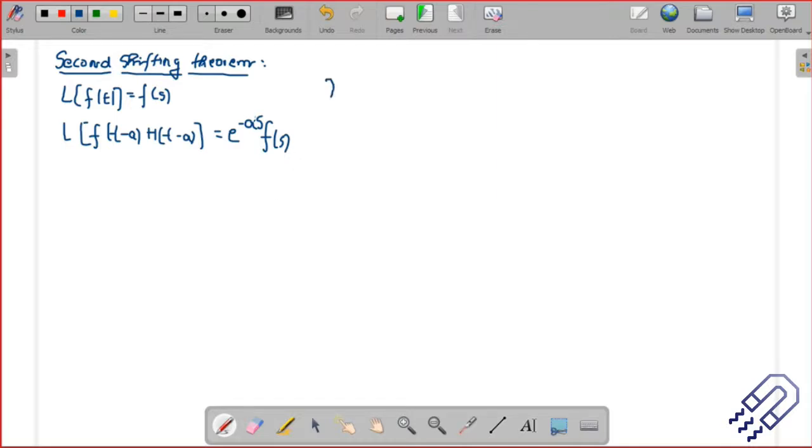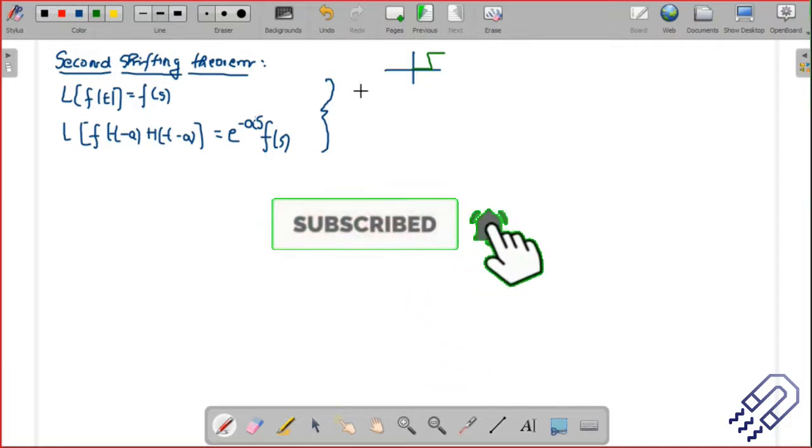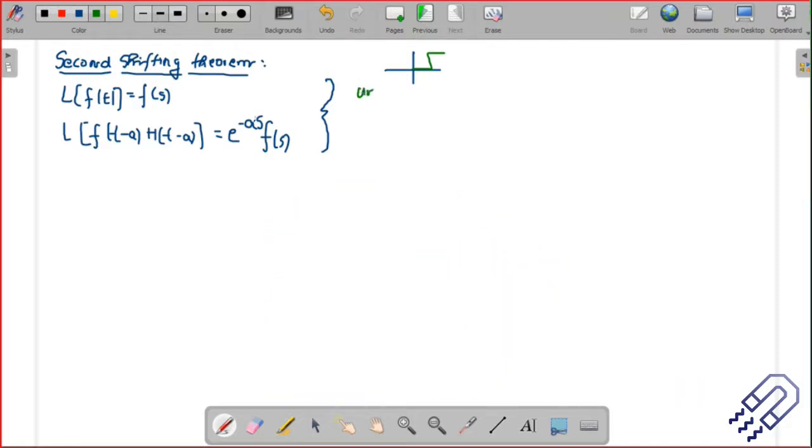Before we do that, we need to know what our h is. h of t minus a is nothing but a step function. You have a graph, and you go from here to here, and then from here to here. So this is basically a step function kind of structure. I write down here: this is the unit step function.